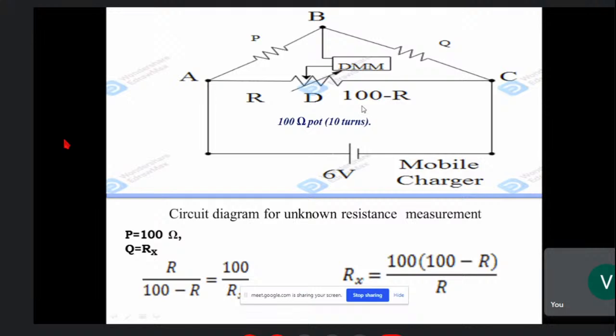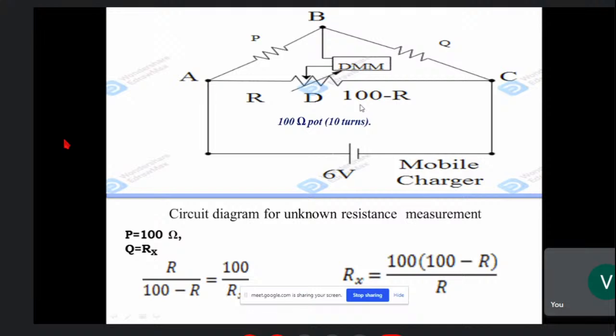Then if you rotate it 10 times, the floating point moves around and comes to this point. When you finish 10 turns, you have moved from this point to this point by 100 ohms.